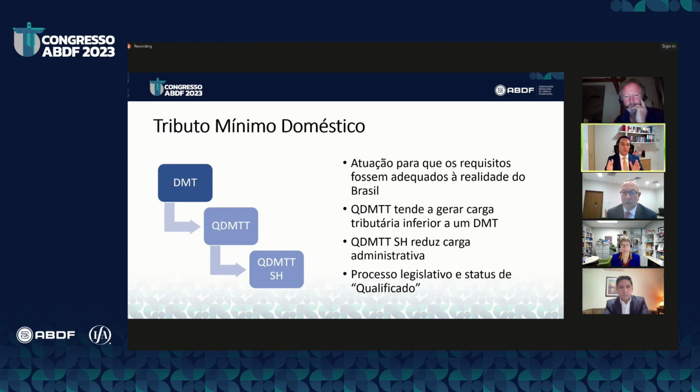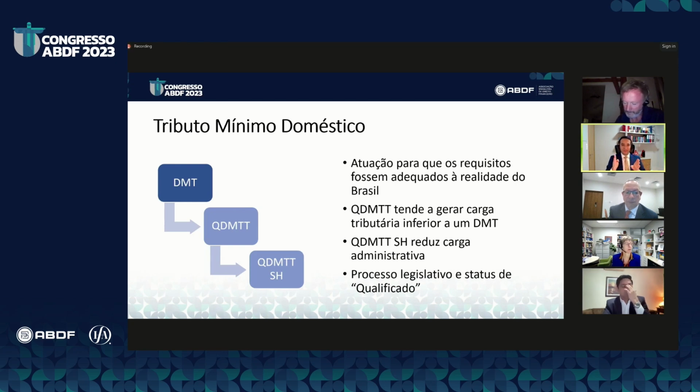Então, quando eu falo de um DMT, ele é um covered tax, ele tem um impacto lá no início da fórmula do cálculo da alíquota efetiva, e quando eu falo no QDMTT, pelo fato de ele espelhar as regras Globe e pelo fato de ele poder estar adotando um SBI, ele tende a gerar uma carga tributária inferior a um DMT que não é qualificado.